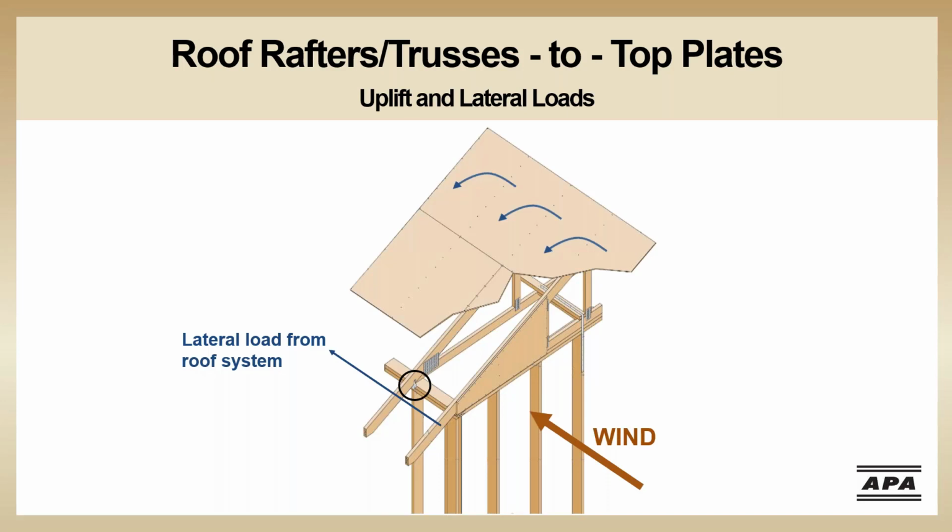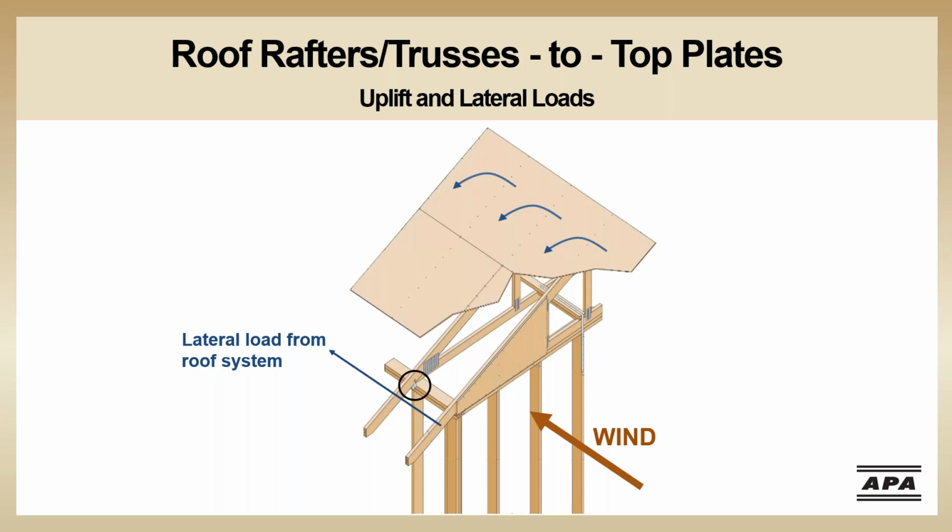The IRC requires blocking along the top plate at braced wall panels between the roof framing members in some situations. When blocking is present, it will also help to transfer the wind load from the roof to the top plate.